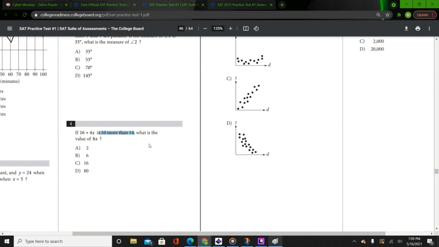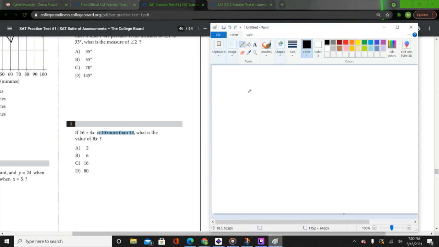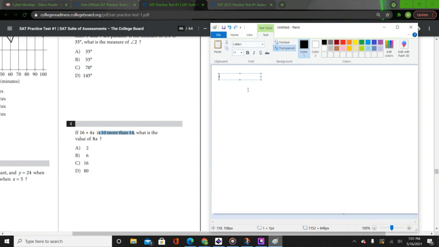So 16 plus 4x is... All right. Sorry, I just did something wrong. But yeah, let's do this. So 16 plus 4x. You know what? I'm not even going to write it out. I'm just going to type it out. 16 plus 4x is equal to 10 plus 14.